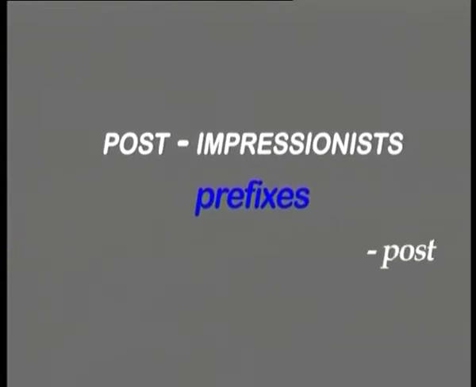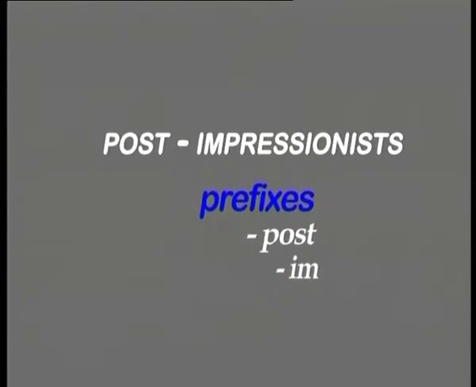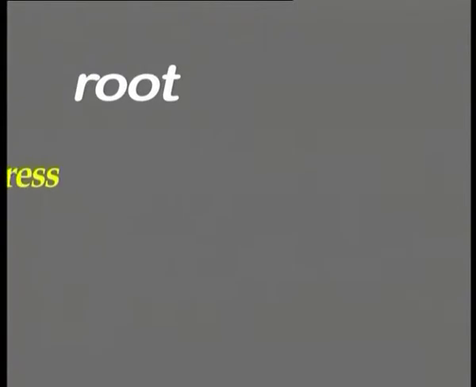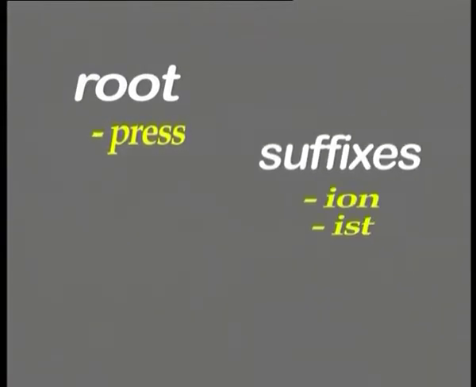The prefixes post and im, the root press, the noun forming suffixes ion, ist, and the grammatical suffix of plurality s. The internal structure of the word or its meaning is the word's semantic structure. It is the word's main aspect.